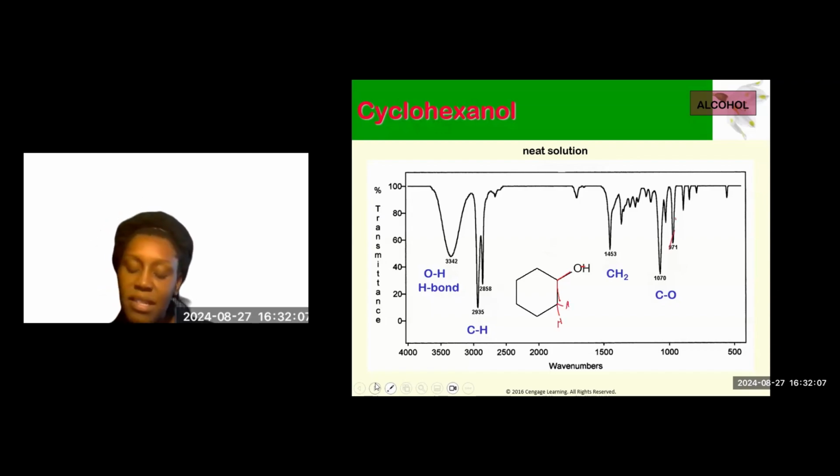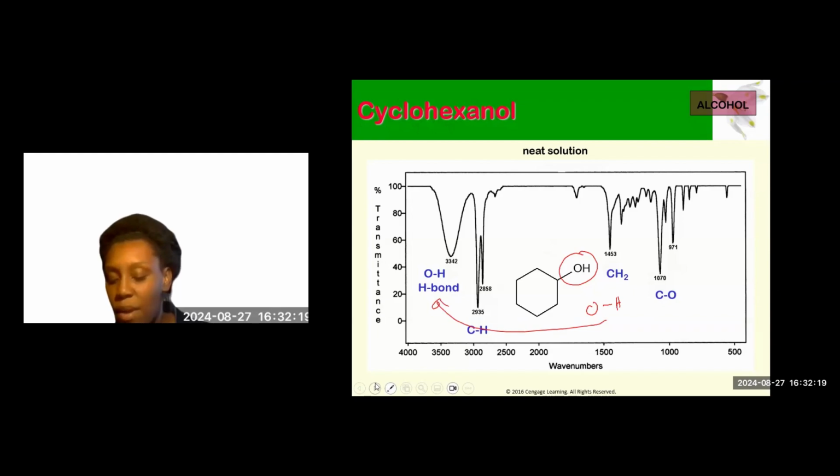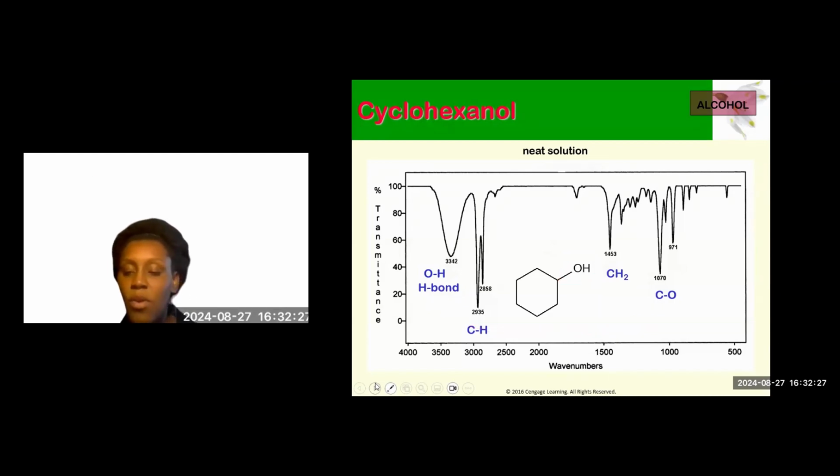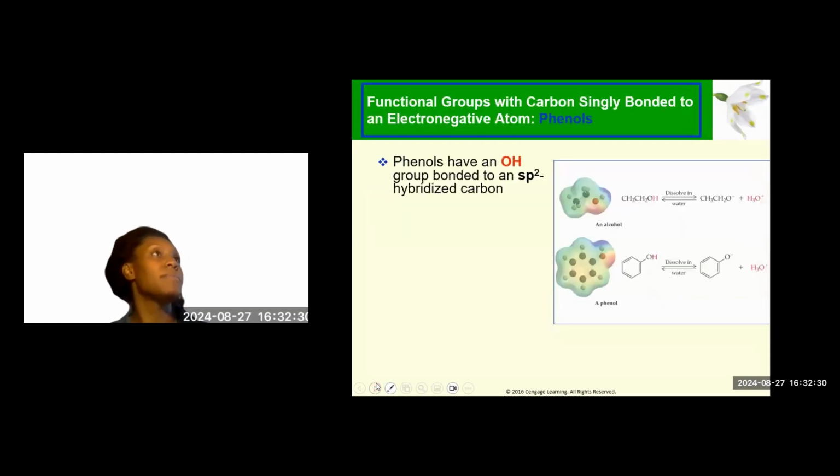And all these bands come together to show you what cyclohexanol is. But you see that functional group, which is indicative of an oxygen-hydrogen bond, which you see here, and then the carbon-oxygen bond, which you see here. Okay, so let's compare that with what we have next.